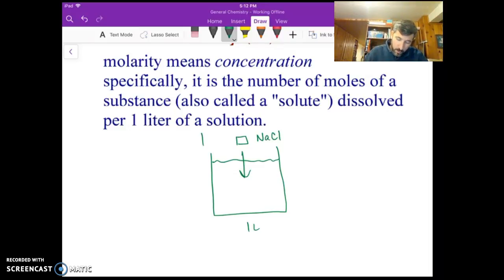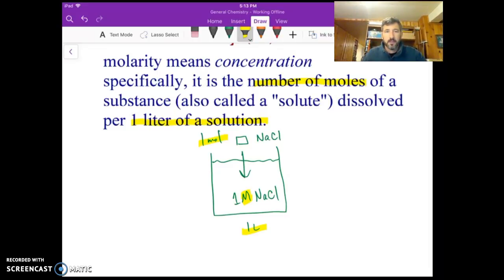If that's 1 mole that I'm putting into 1 liter, then I have just made a 1 molar NaCl solution, because that capital M stands for molarity. It means number of moles per 1 liter of solution. And if I put 1 mole into a 1 liter container, that would be a 1 molar concentration of sodium chloride.